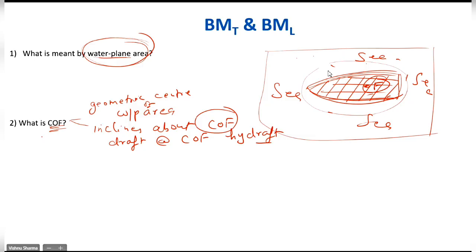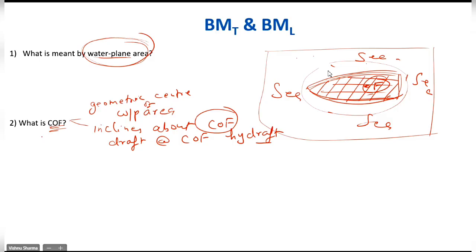In that case of the glass being cylindrical, it may have been the same, but it is not necessary that the area at the base and the area at the water line be the same. In the ship's case, the area at the keel would be different from the area at the water line. Understood? And then I said the geometric center of this water plane area is called the center of flotation.